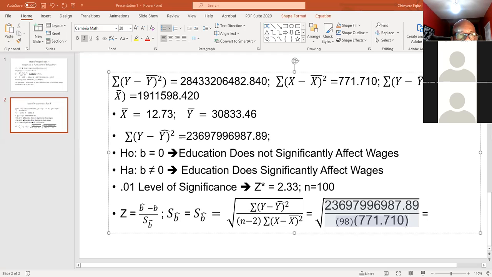I have 1.597. Is that right, Professor? Okay, first of all, we are looking for the standard error of B hat. Is that correct? No, I did everything together. Okay, first of all, let's look for the standard error of B hat. That is the key thing here.